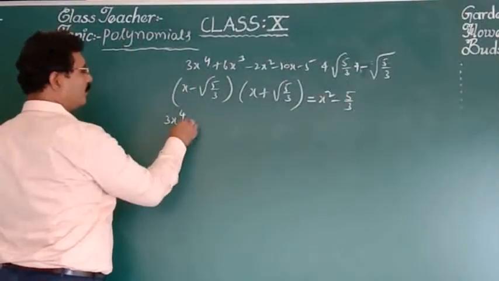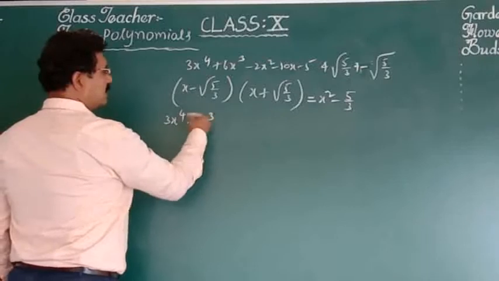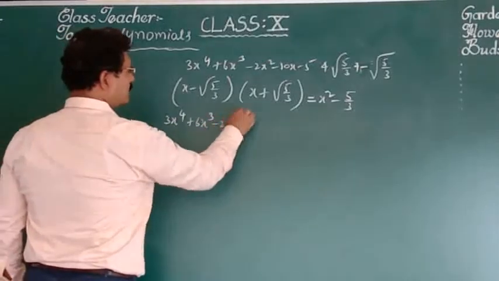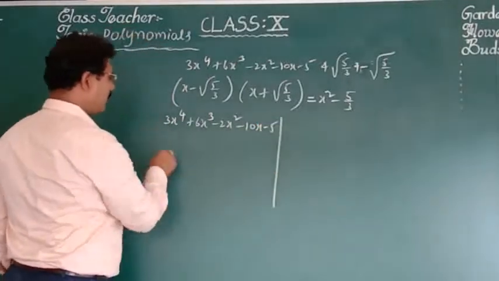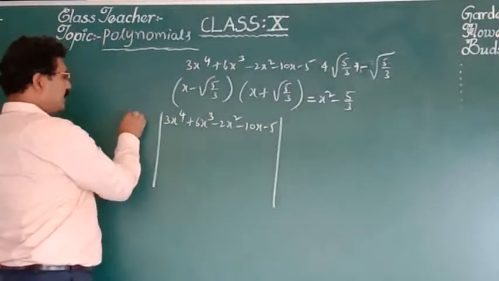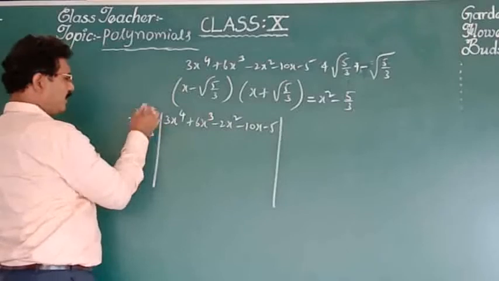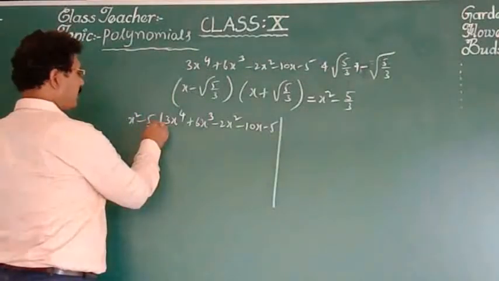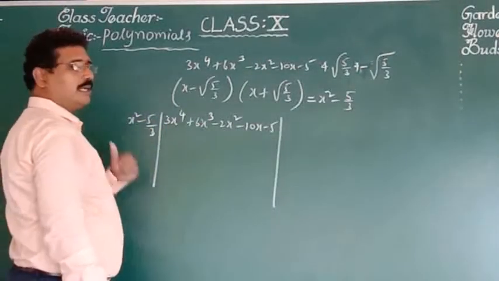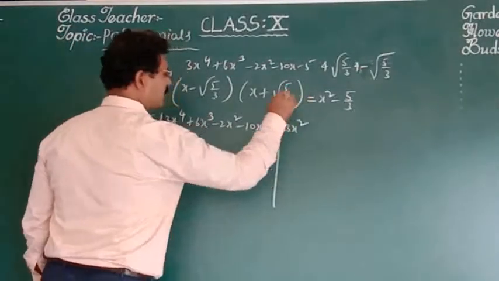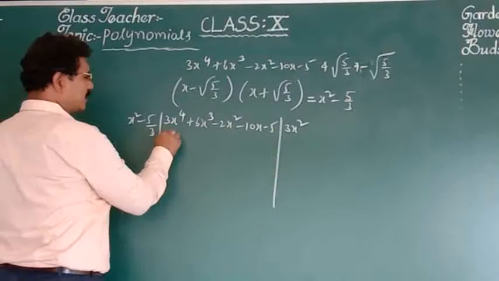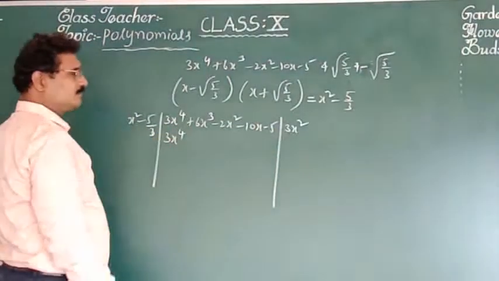3x power 4 plus 6x cube minus 2x square minus 10x minus 5, divided by x square minus 5 by 3. 3x square into x square gives 3x power 4.